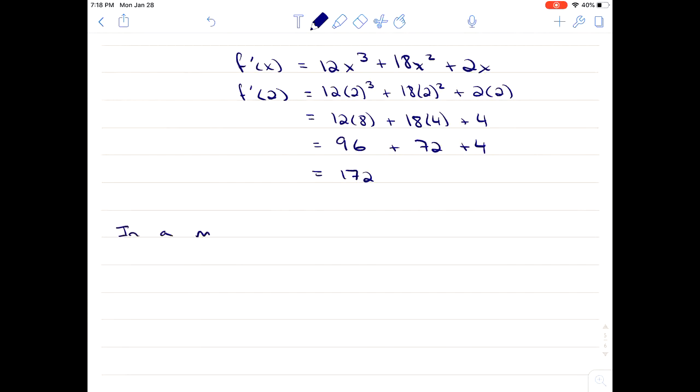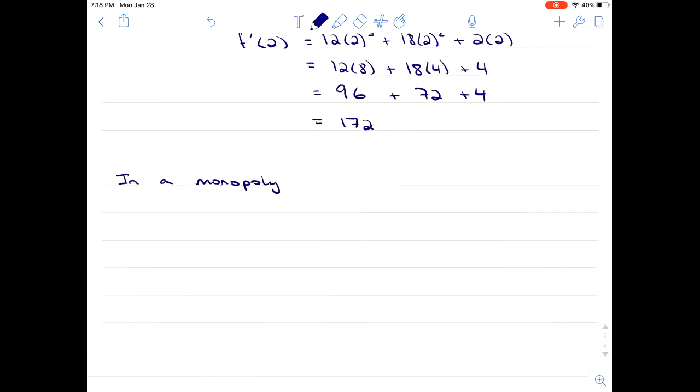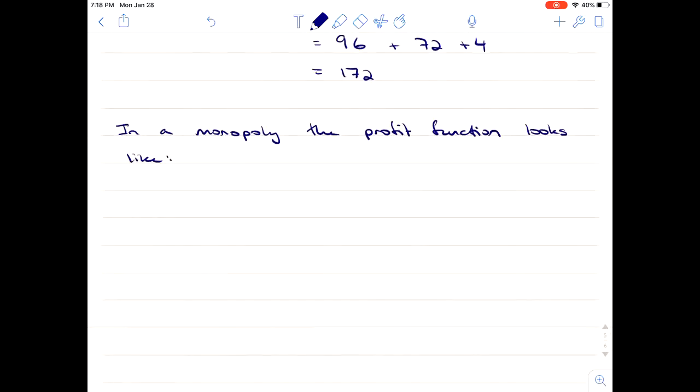But here, in a monopoly, the profit function looks like this.